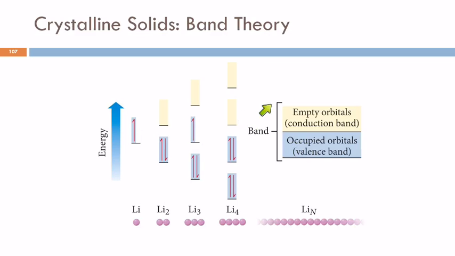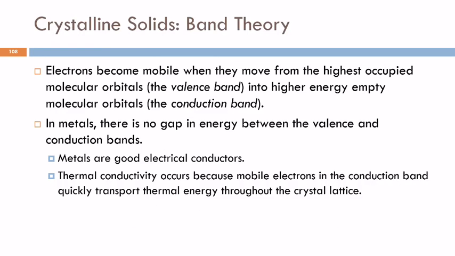So what we end up with is a bunch of empty orbitals that are just slightly higher in energy than the occupied orbitals. So these are molecular orbitals, an orbital that is spread out over the entire molecule, the entire solid.